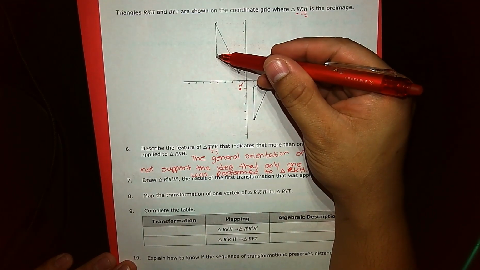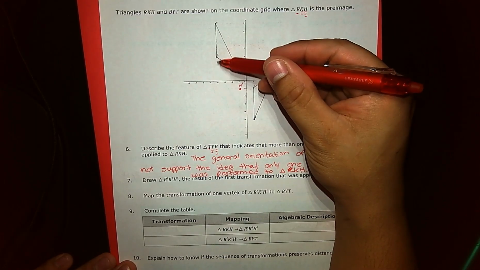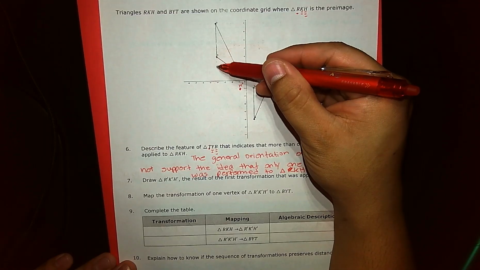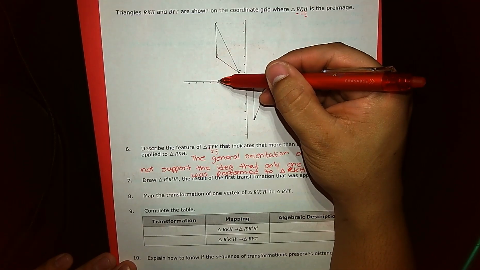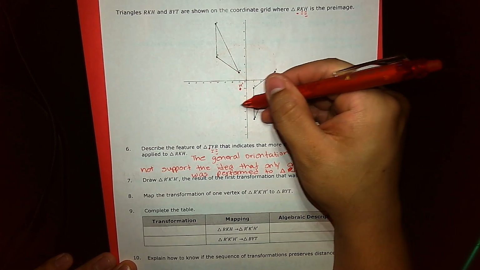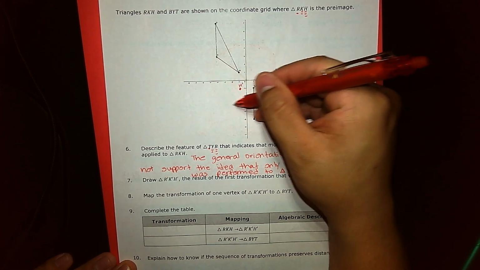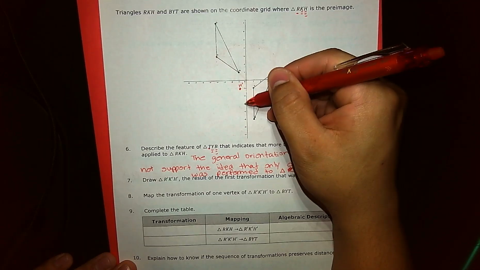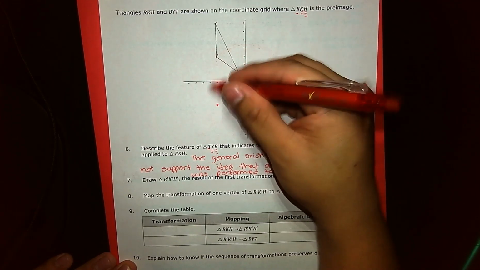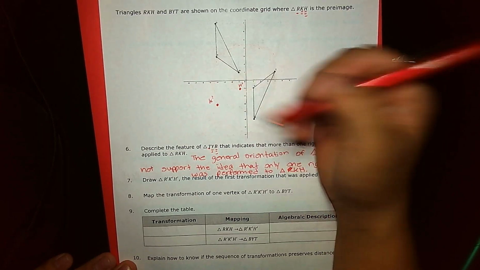If I reflect it over the x-axis, it needs to be the same distance on the other side. If it's 3 that way, it needs to be 3 down here. So it'd be at (-4, -3), which I'm going to try to eyeball here. -4 would be somewhere there, and that would be K prime.